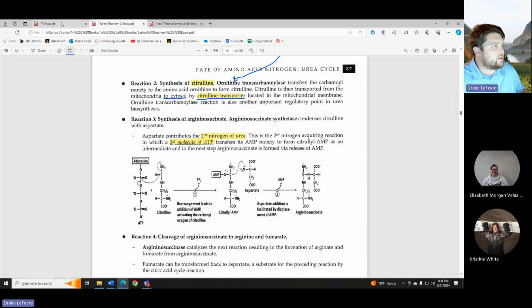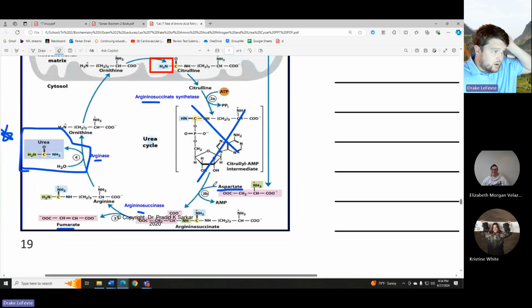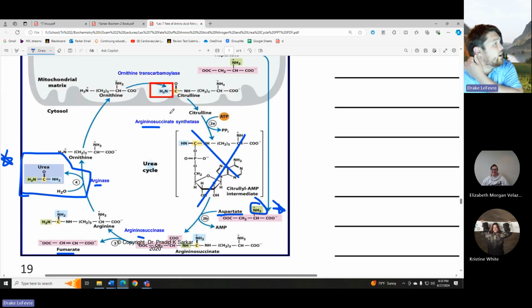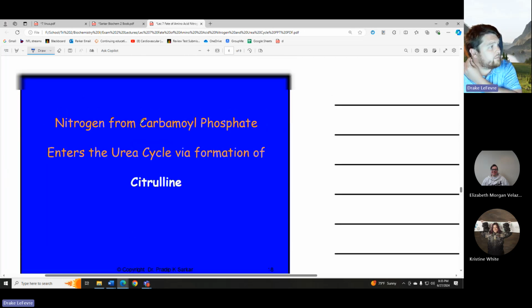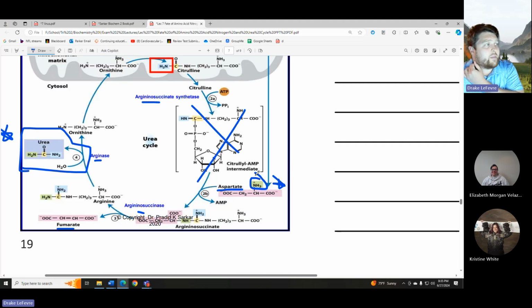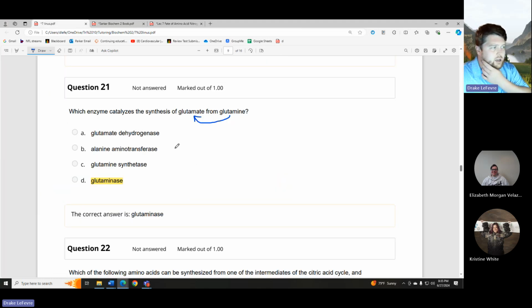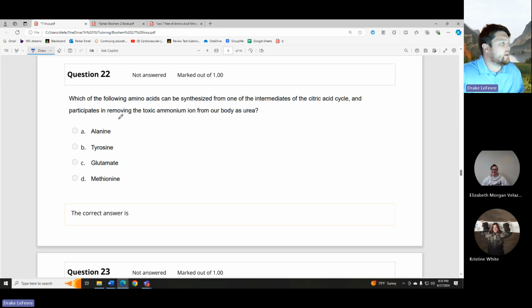So aspartate is here off to the side. This is where our second nitrogen comes from. So first nitrogen from the ammonia way up here at the very beginning, right here. Second nitrogen from aspartate. We'll probably see that question later on in the LINUS questions.